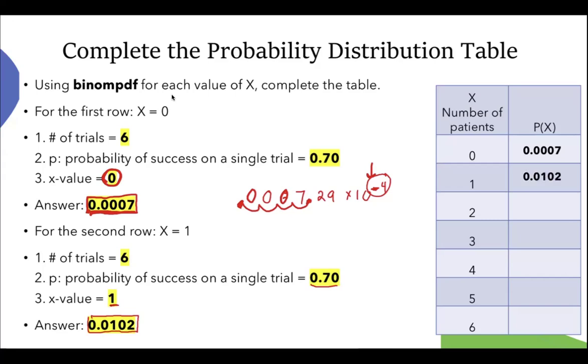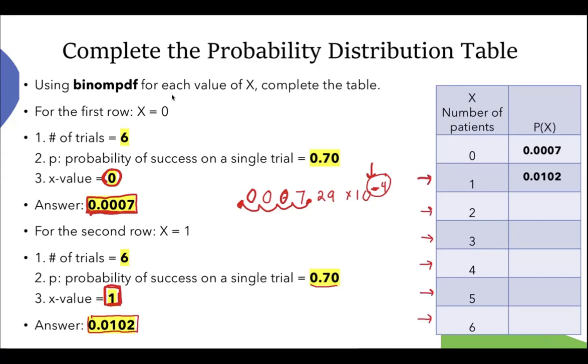Okay, so this is the probability that one person is successful in our group of 6. The probability that one person is successful, and that's just a little over 1%. And we keep doing this for all of them. The probability that 2 people are successful, the probability that 3 people are successful, that 4 and 5 and all 6 are successful.